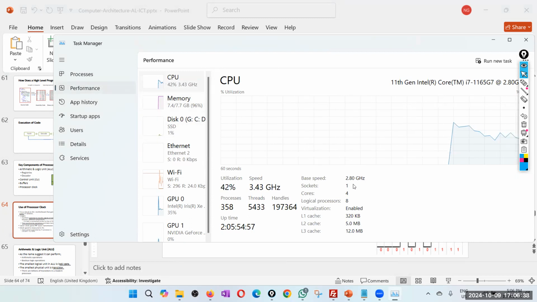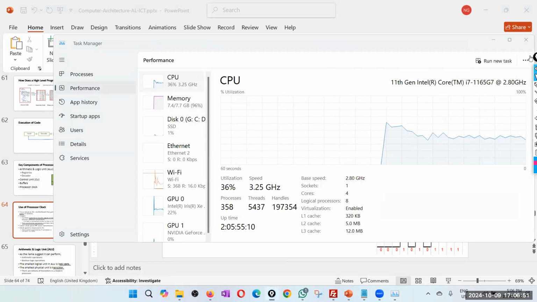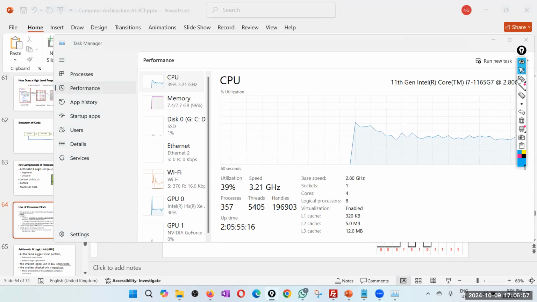And in my case, it is 2.8 gigahertz. You can see 11th generation Intel Core i7 at 2.8 gigahertz. So that is my processor clock speed. What is my processor clock speed? 2.8 gigahertz. Yours might be bigger, larger, or smaller.